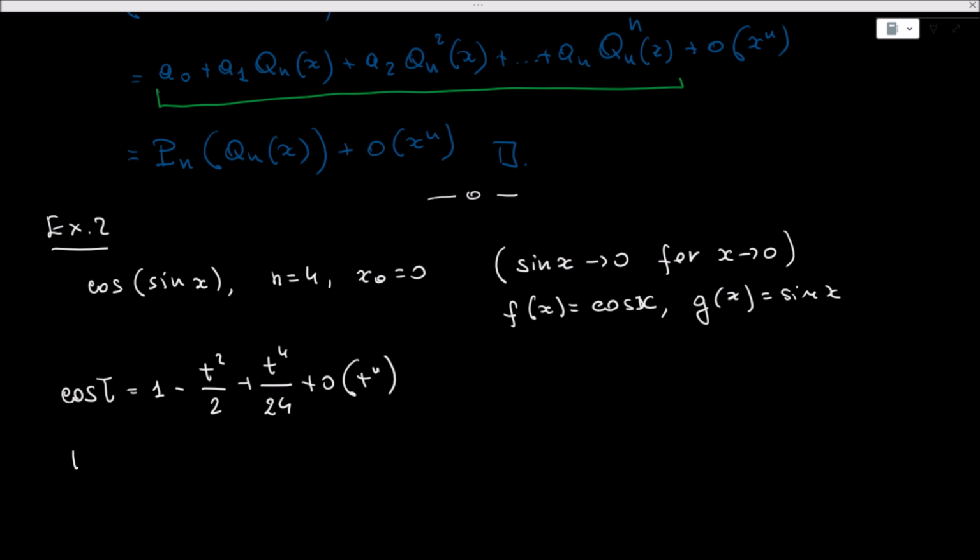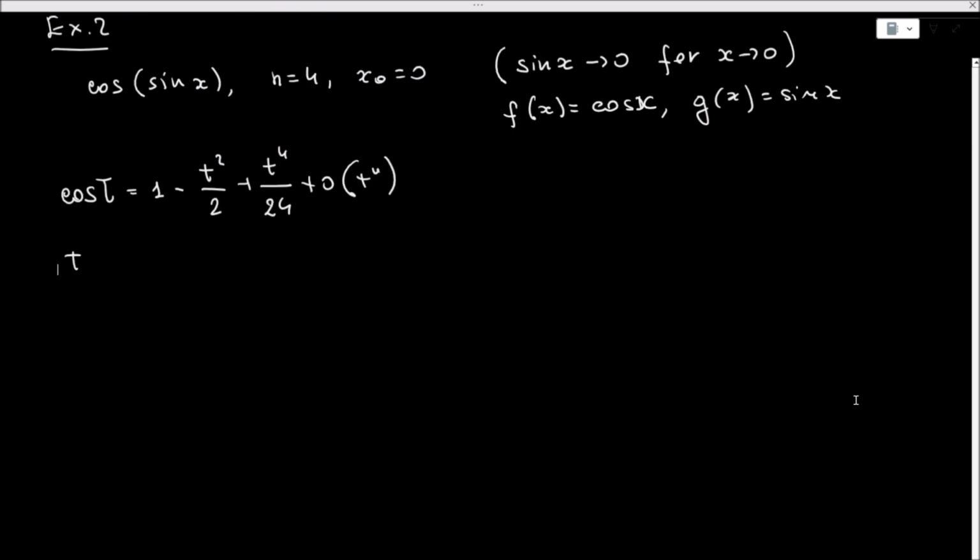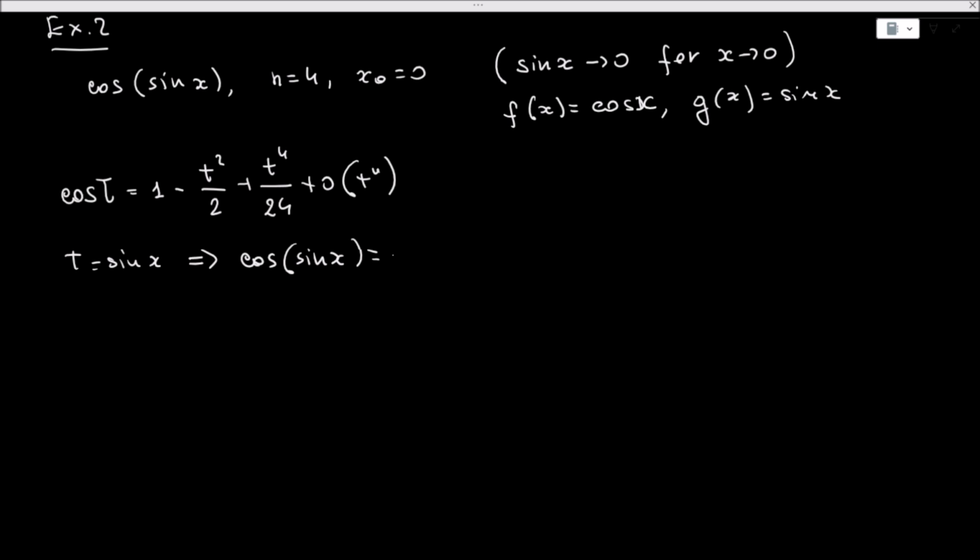And now by replacing t with sine of x, we get the cosine of sine of x is equal to 1 minus 1/2 sine squared of x plus 1 divided by 24 sine to the 4th of x plus little o of sine to the 4th of x.